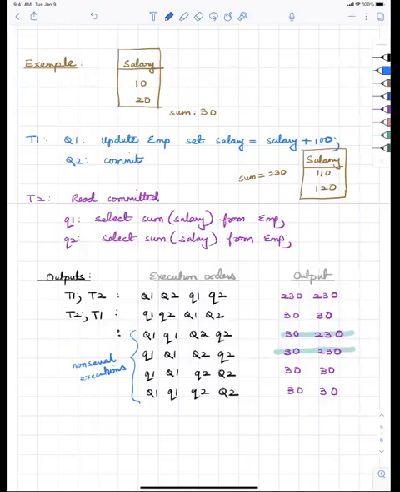If you look at the rest of the outputs, all of these outputs look like it was T2, T1, T2, T1. So these two are non-serial.